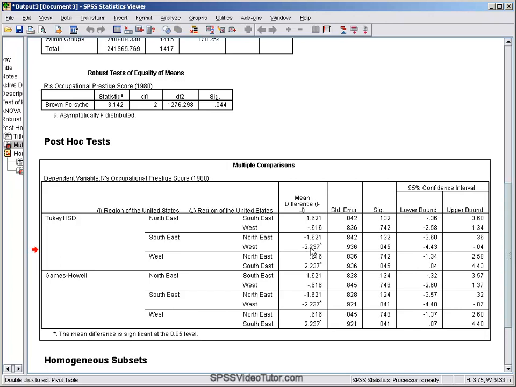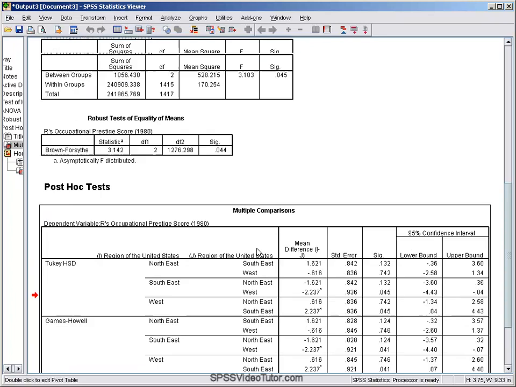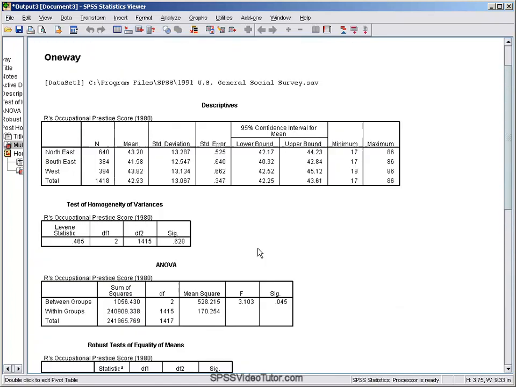Therefore, we see that the respondents in the Southeast region have significantly different occupational prestige scores than those in the West.